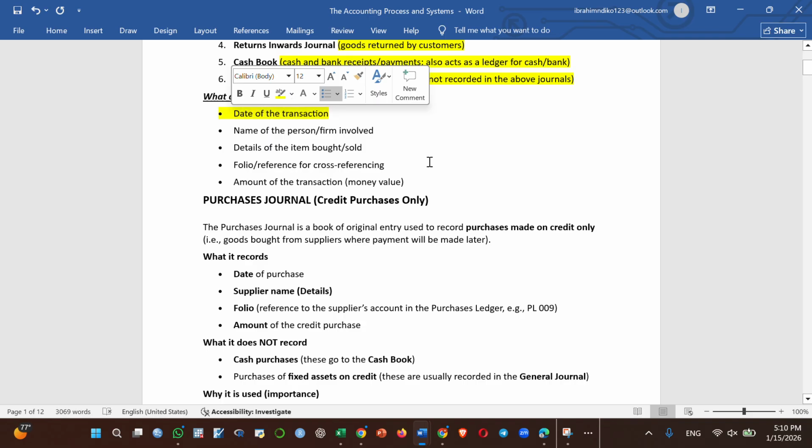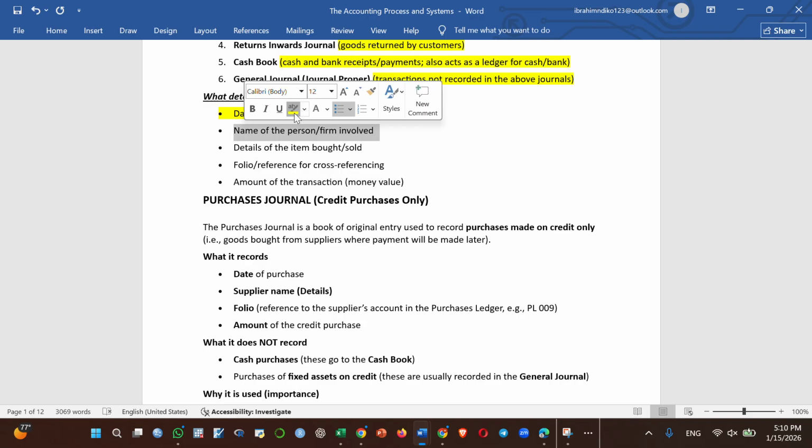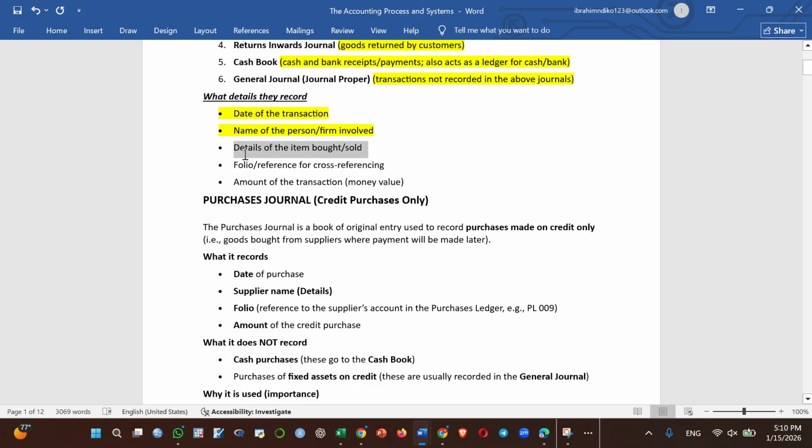We also need to record the name of the person involved, though not so necessary. But yes, if it's the supplier, we need to say who the supplier is. Is it Kamau? Is it Joseph? So the name of the person involved, either through payment or receiving, or through purchase of goods or sales of goods. Then the details of the item bought.